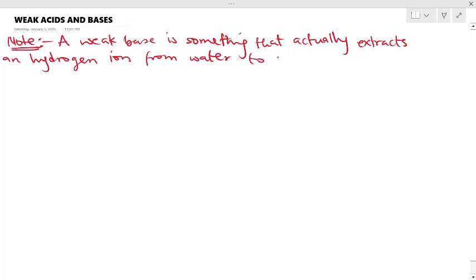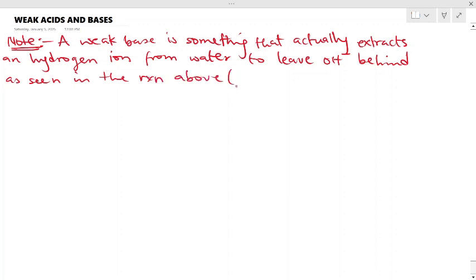To leave the hydroxide ion behind, it extracts hydrogen ion H plus to leave the hydroxide ion behind, as seen in the reaction above, or the previous reaction, as this case may be.